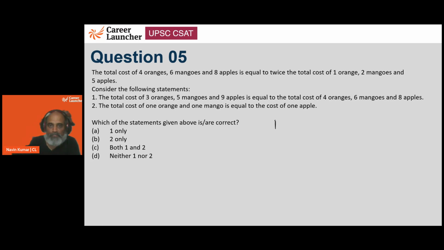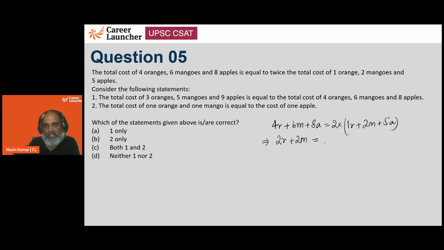So we are told that the total cost of 4 oranges, 6 mangoes, and 8 apples is equal to twice the total cost of 1 orange, 2 mangoes, and 5 apples. If we open the bracket and rearrange, 4 oranges minus 2 oranges is 2 oranges. 6 mangoes minus 4 mangoes, it's going to be 2 mangoes.